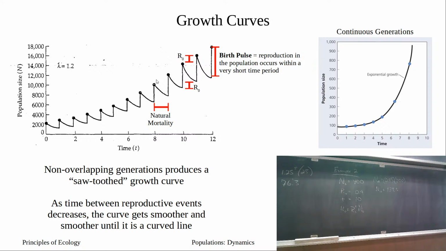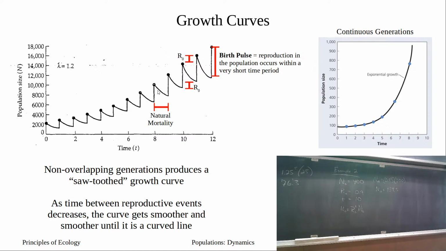Well, what causes these two things? Well, the jump is our birth pulse. Our birth pulse is the reproduction in the population that occurs within that very short amount of time. That's when our reproduction happens. It's discrete. We know when our cohort enters our population. So our birth pulses are these jumps.